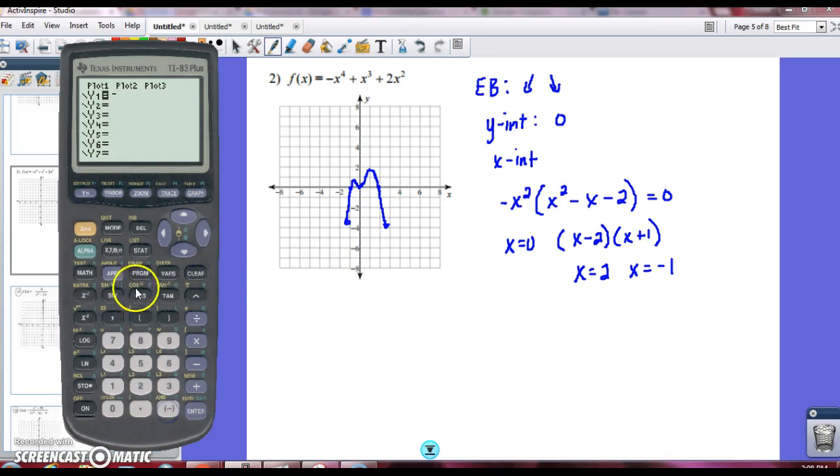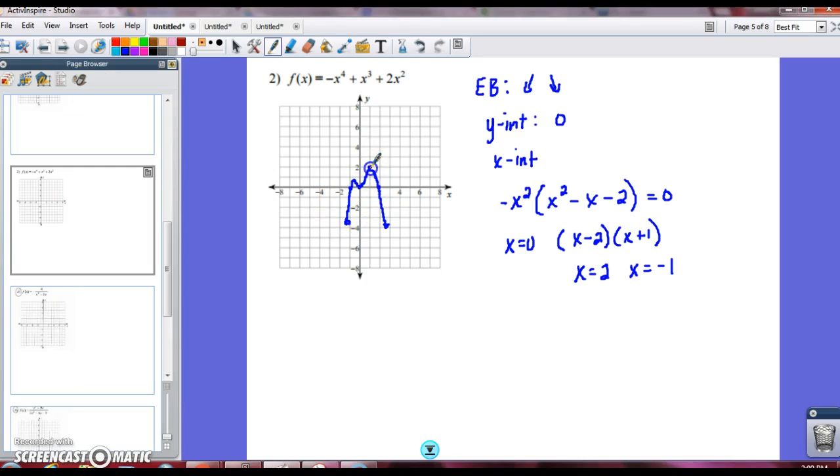So I have negative x to the 4th plus x to the 3rd plus 2x squared. And if I were to go to the calculator, I just have to go to the table, and at x equals 1, I'm up at 2. So it's pretty close to what that looks like there, roughly.